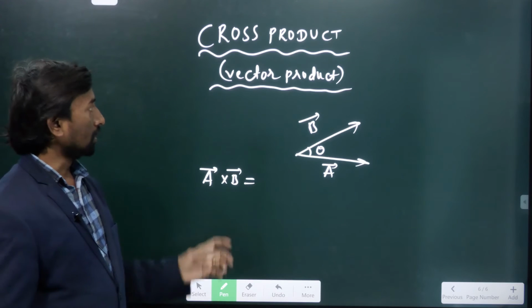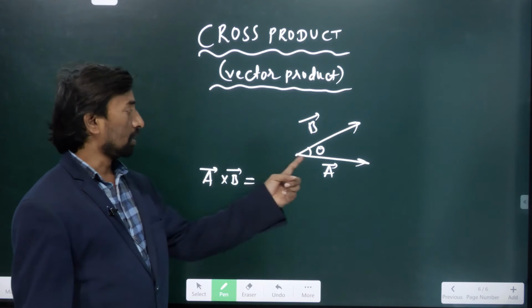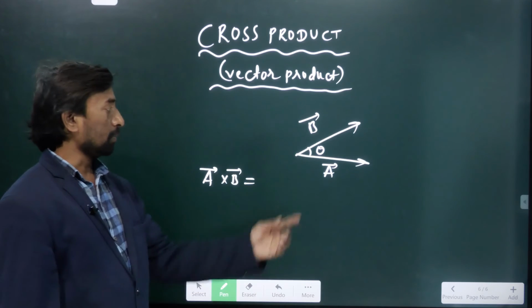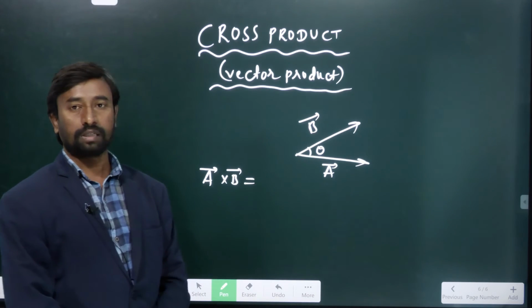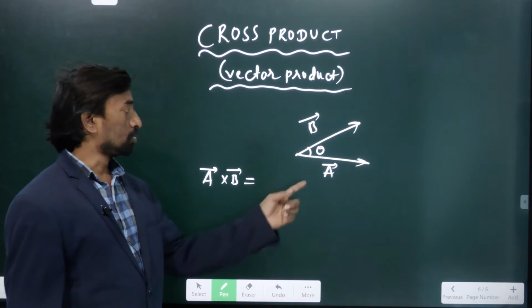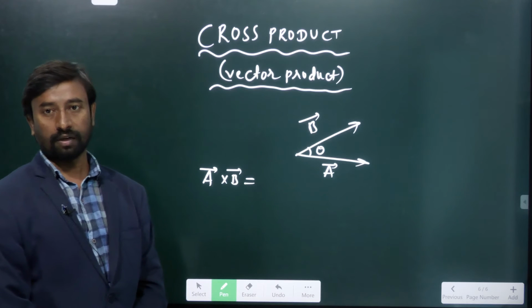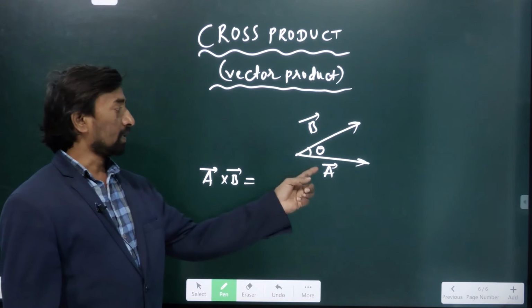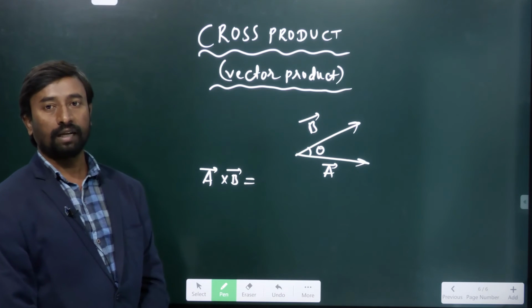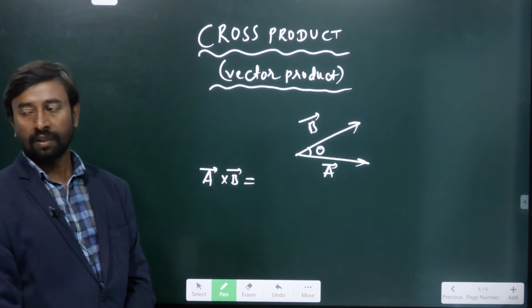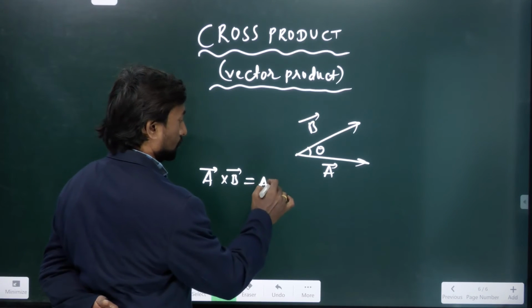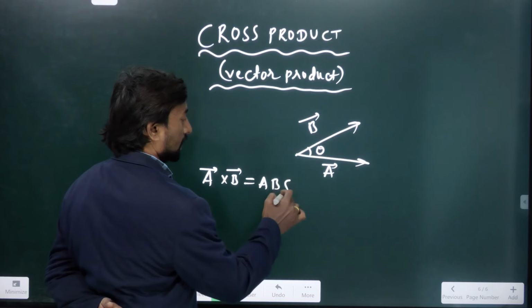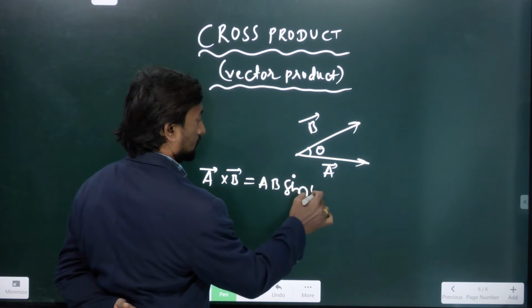So if A bar and B bar are two vectors and the angle between them is theta, then their cross product is the product of the magnitudes, AB, and the sine of the angle between them, theta.